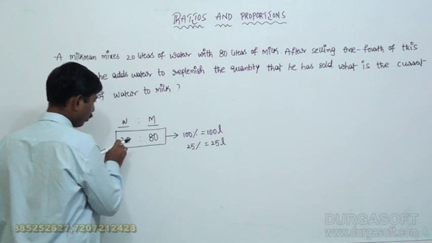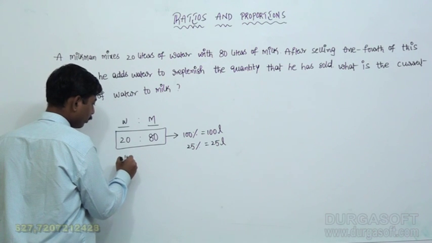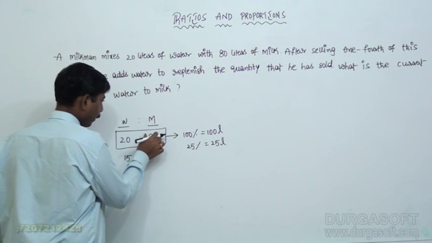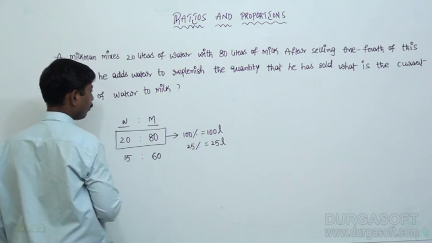From water, 1/4 is 5 liters, so 15 liters of water remain. Milk 80, 1/4 means 20, so 60 liters of milk should be available.